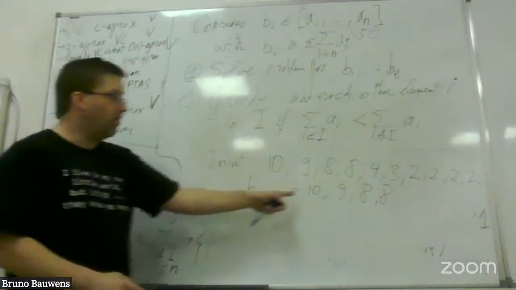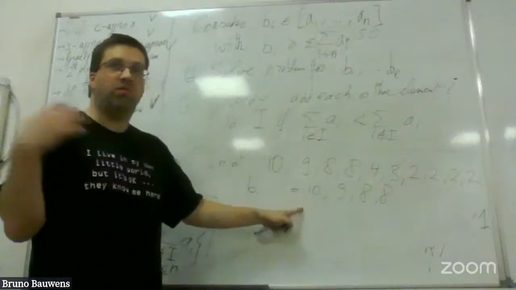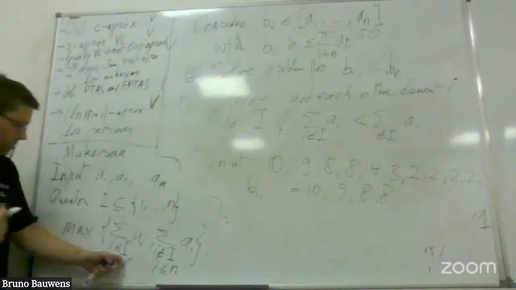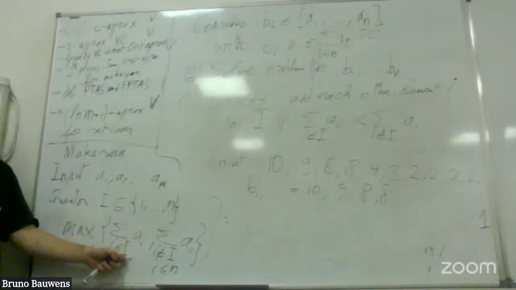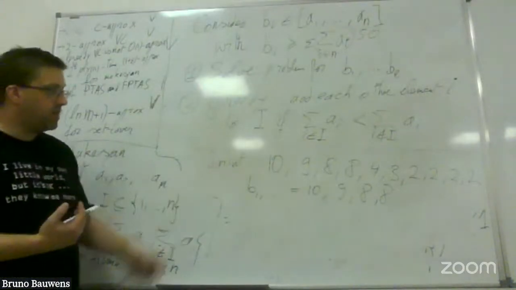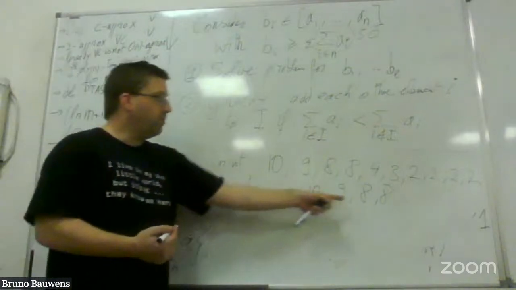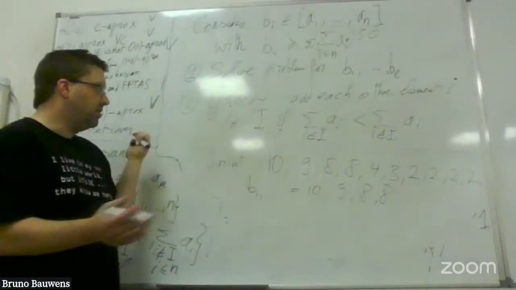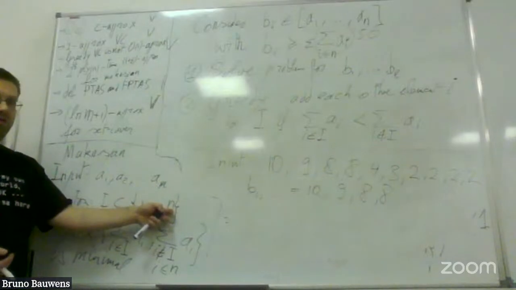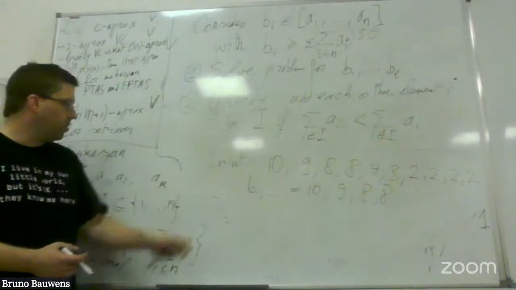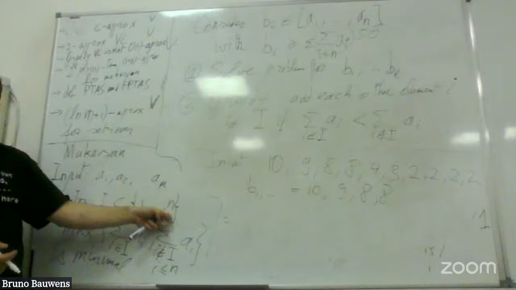Here we have 4 elements, so there are 2 to the power 4 subsets. For each choice of I, we calculate it. So it will take time 2 to the power of this size. In general, what is the maximal number of elements we might need?